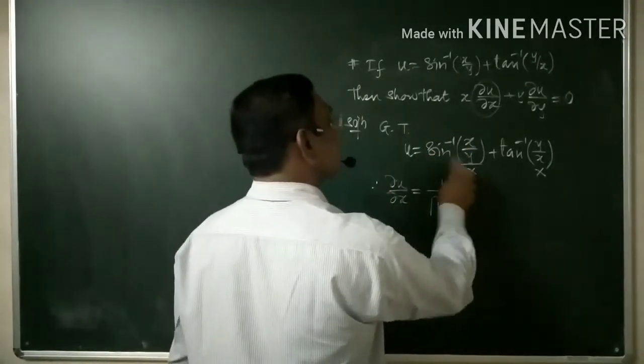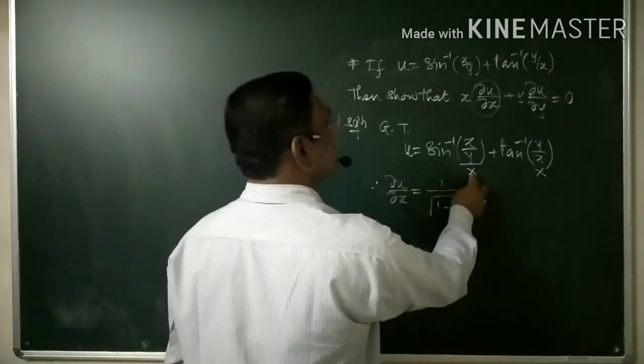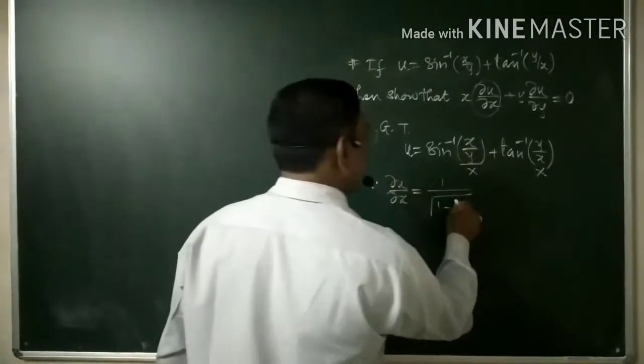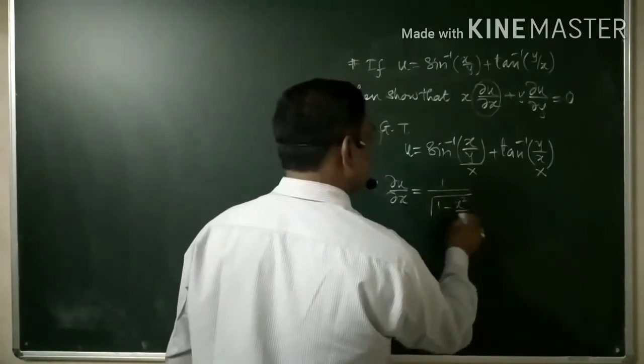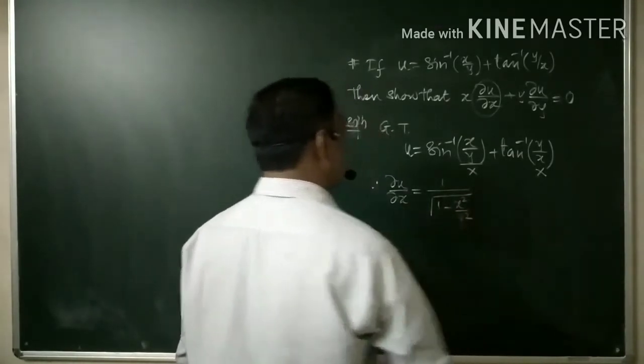Here this is capital X square, but as capital X is x upon y, we write x square upon y square.